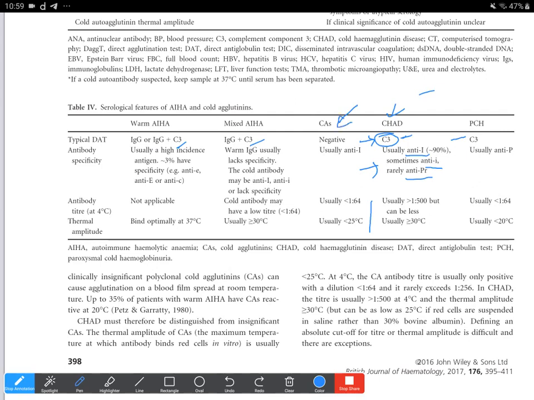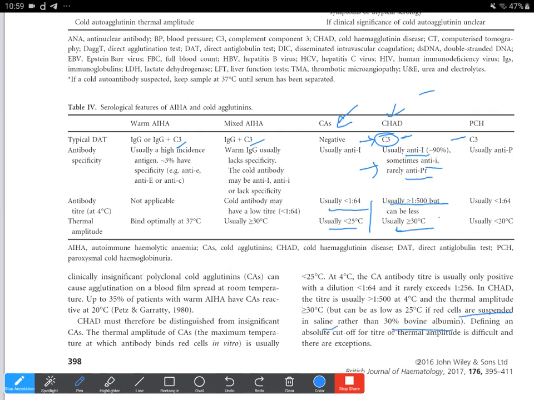In this case, the titer is mostly raised. This will be less than 1:64, and in the case of cold hemagglutinin disease, it's more than 1:500. And usually the thermal amplitude here is less than 25, and here it will be more than or equal to 30 degrees centigrade when the cells are suspended in 30% bovine albumin.